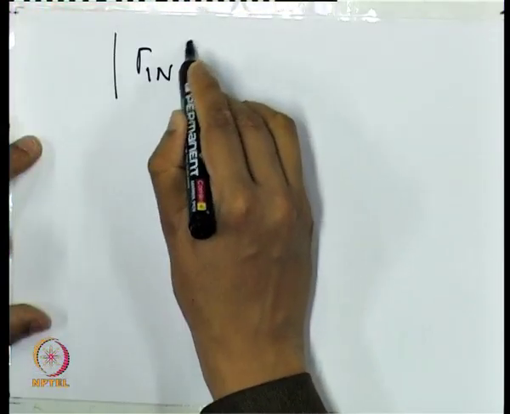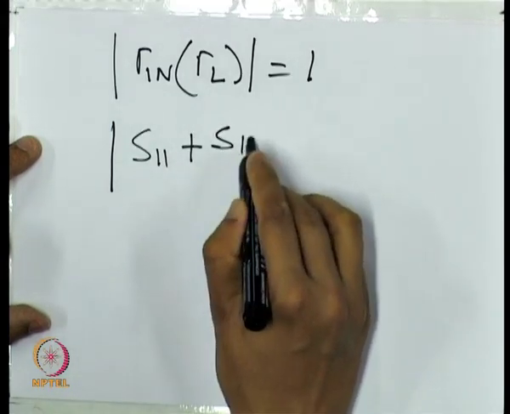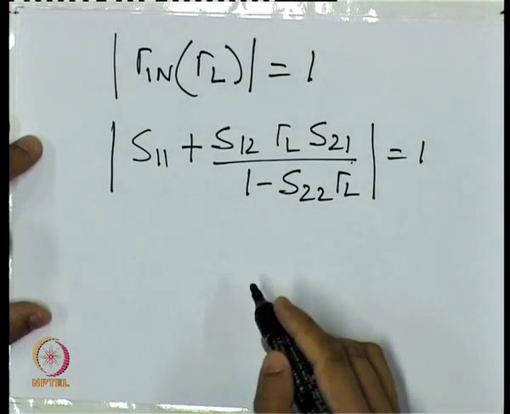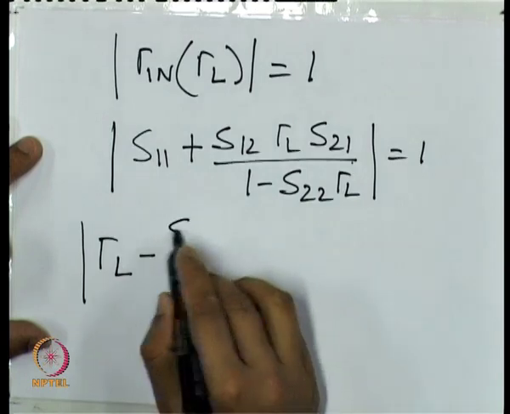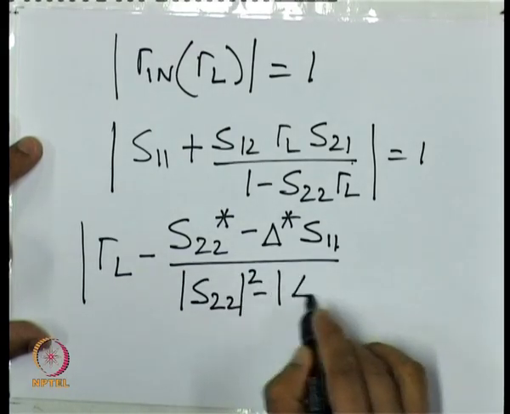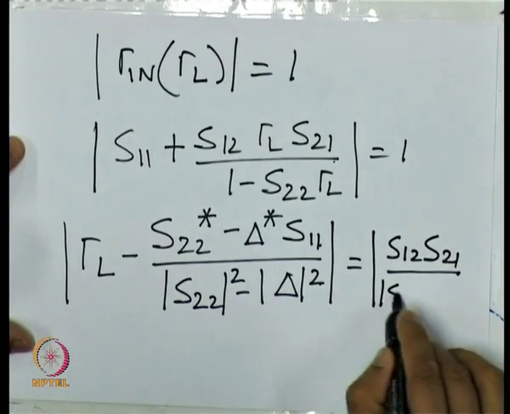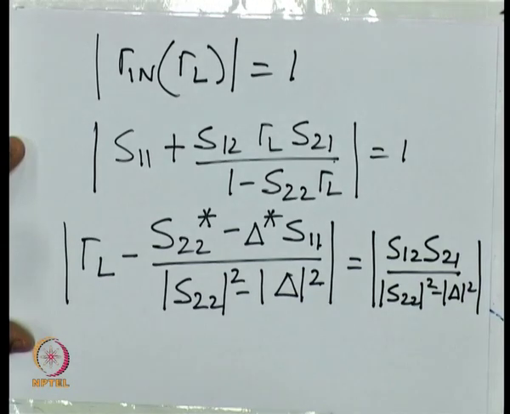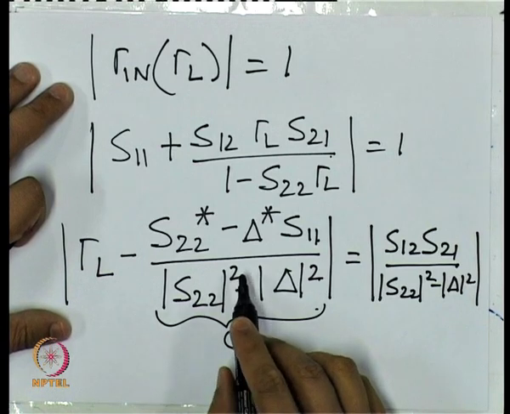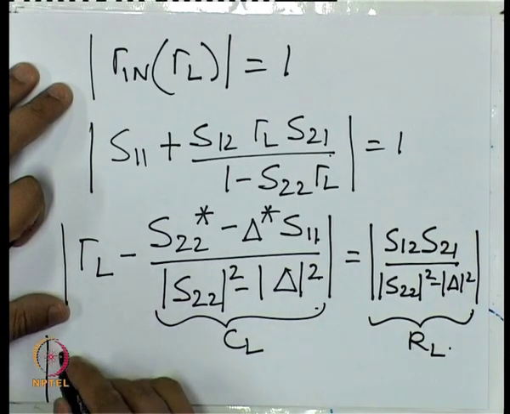So the condition that we have to satisfy is, now gamma in, as we have seen earlier, can be written as, after a lot of mathematical manipulations, the following. The first thing to note is that this term is a constant, a vector quantity, and let us call it CL. This other term is also a constant, let us call it RL.